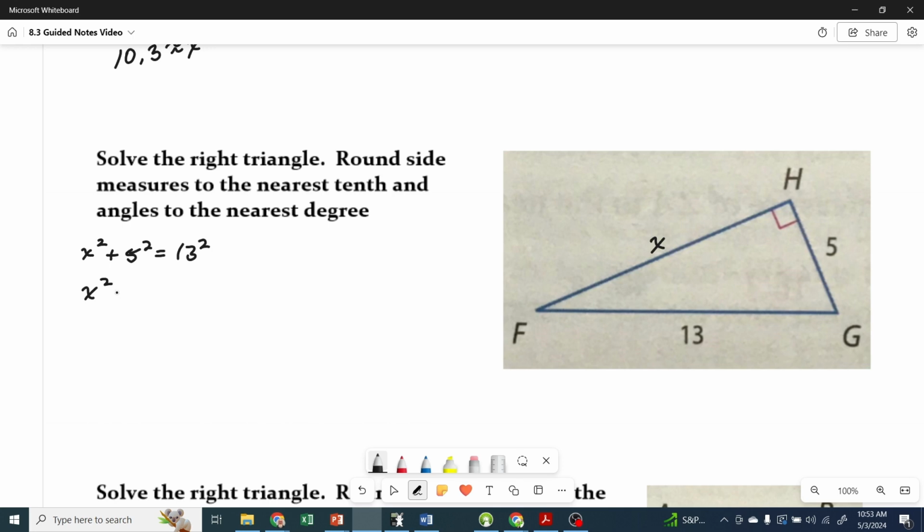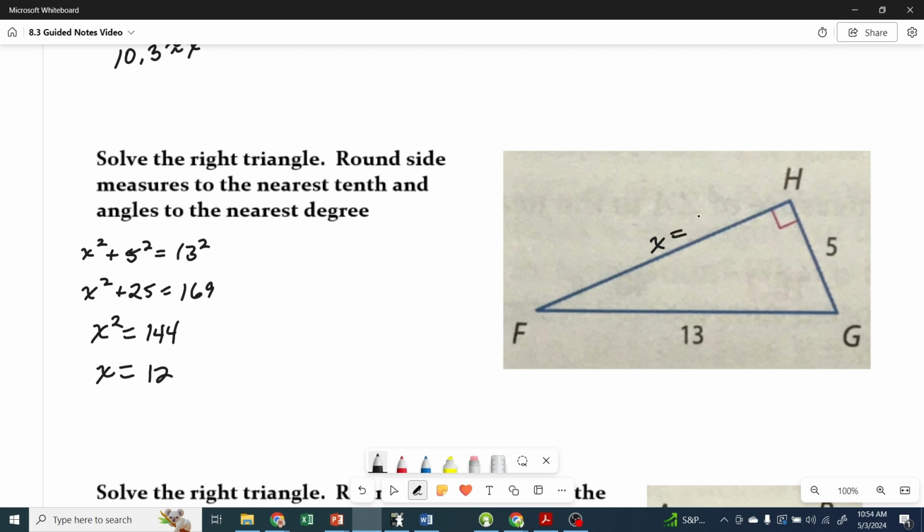X squared plus 25 equals 169. Subtract 25 from each side, I get x squared is equal to 144, and if I take the square root of each side, I get that x is equal to 12.